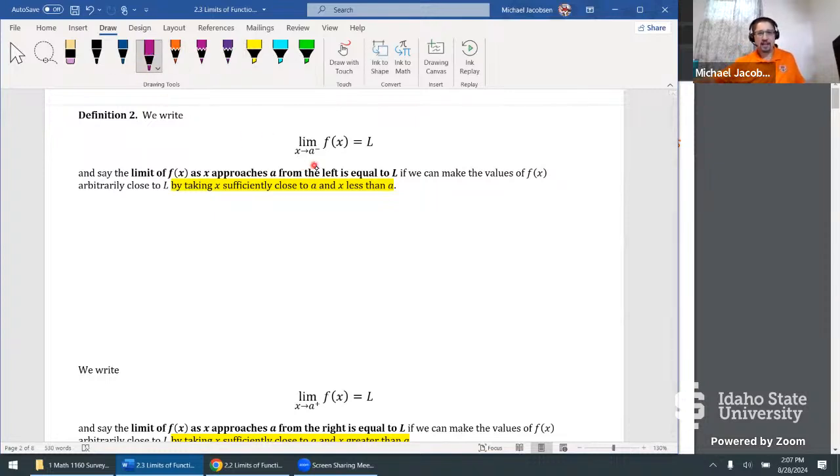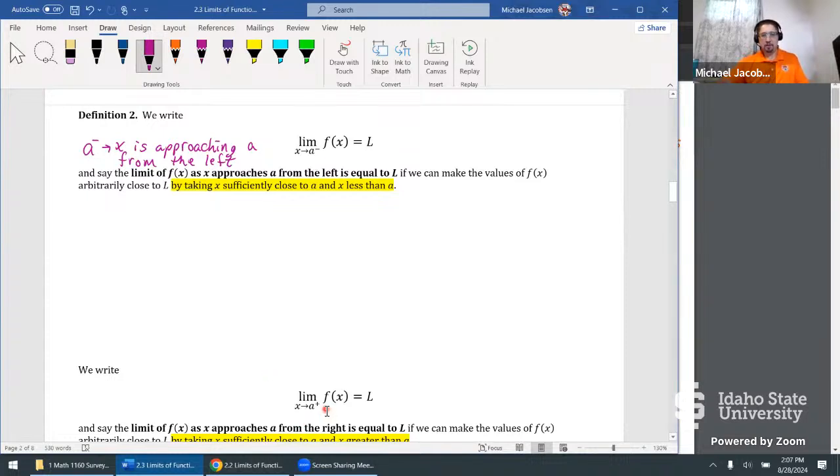When you see that red dot, a with a negative sign, this means x is approaching a from the left.